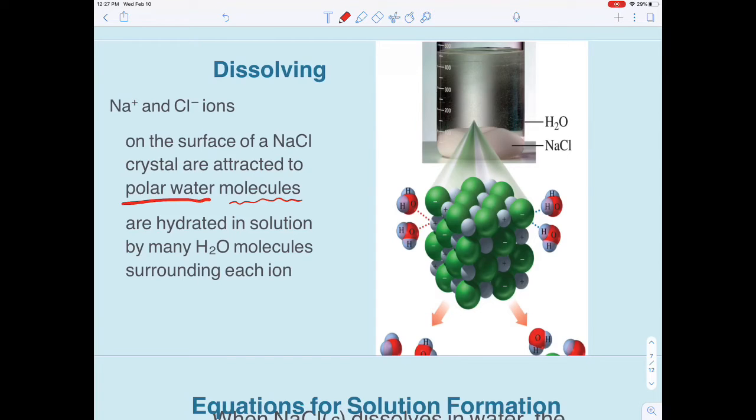And so as we can see here, the oxygen is slightly negative, and it's attracted to the positive sodium. On the right side here, we see the slightly positive water being attracted to the slightly negative chlorine. Okay, so that's kind of the gist of what you should know when water dissolves a salt.